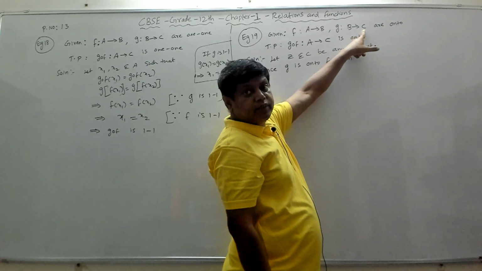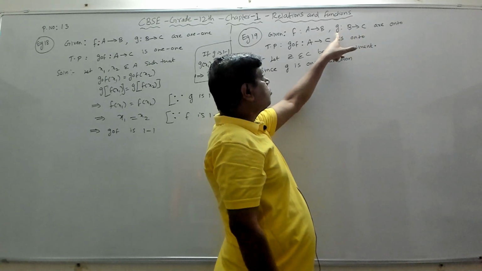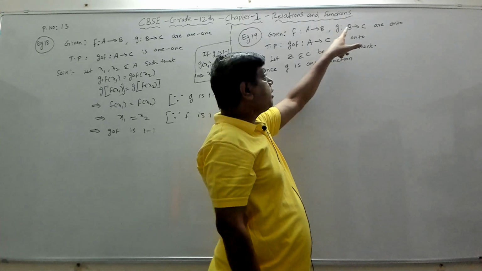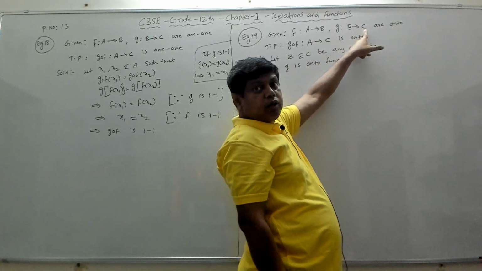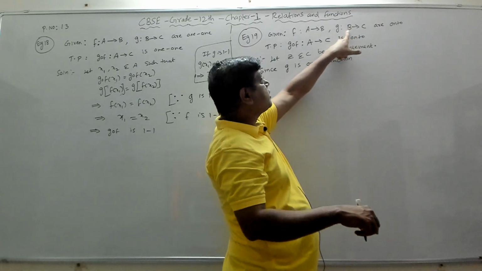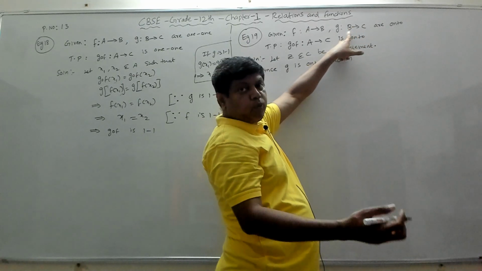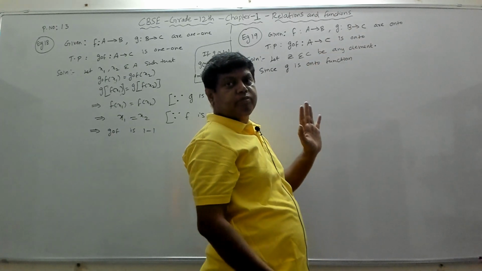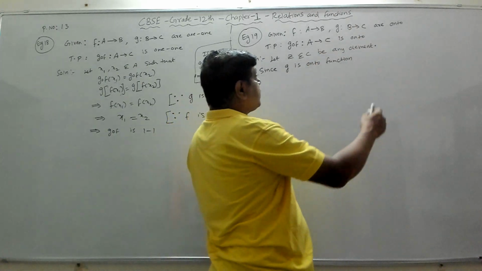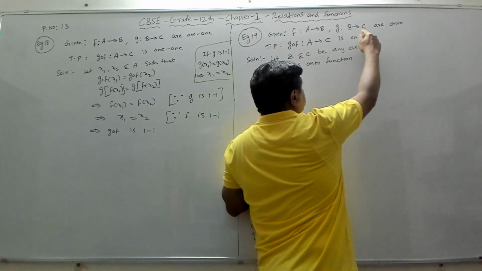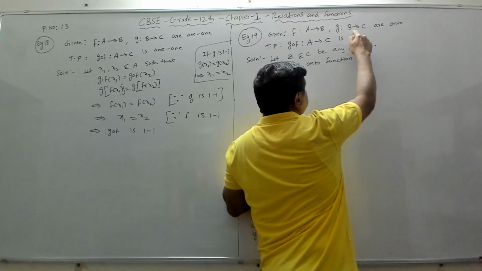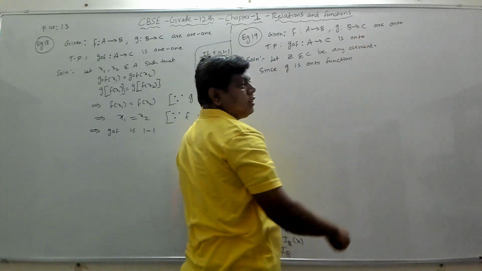That element is in this set C, but g is onto. So if g is an onto function, then any element that you take from here, you will be able to find another element in this set. You call that y, such that g of y will be equal to z. For every element that we take from C, we will be able to find another element here, such that g of this element will be equal to the element that we took from C.